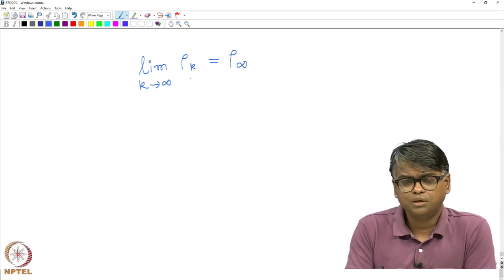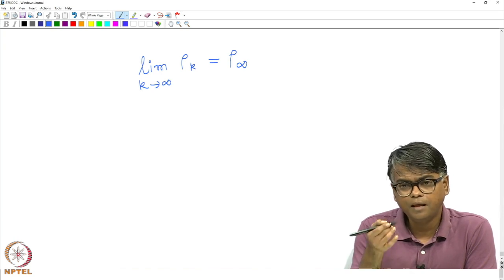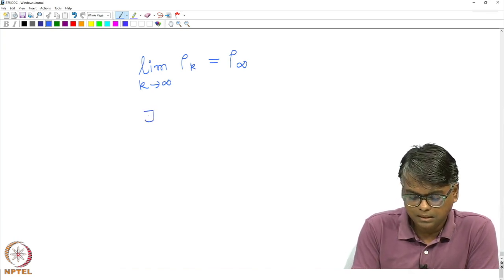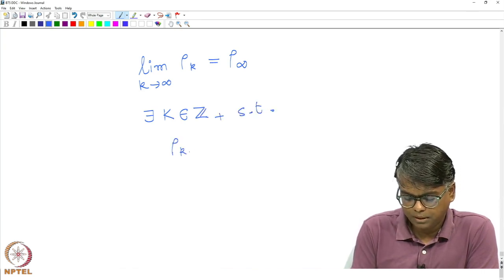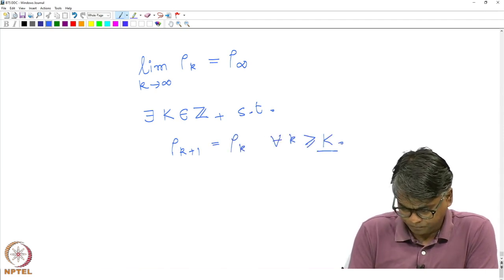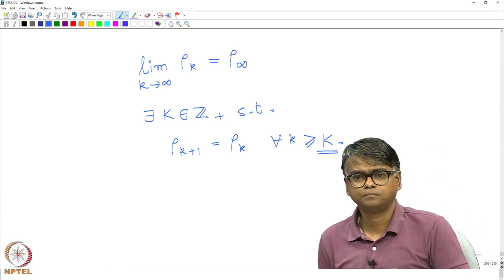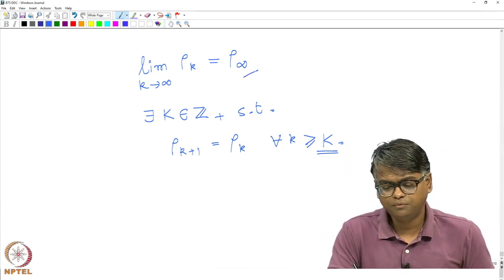We call this the saturation point, and the existence of the limit implies that there exists a capital K such that rho k plus 1 will turn out to be equal to rho k for all k bigger than or equal to capital K. Okay. The significance of that is something that we will see very soon.